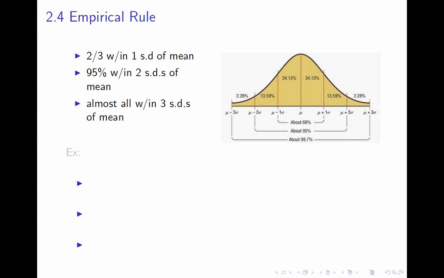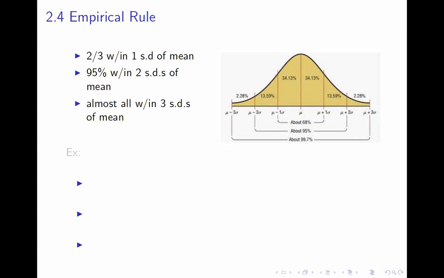That seems about right. Next, we go up and down 2 sigma. The red line 2 below the mean and the red line 2 above the mean are labeled mu minus 2 sigma and mu plus 2 sigma. And about 95% of all the yellow in that figure falls between those two.